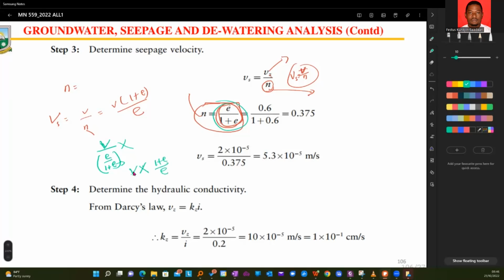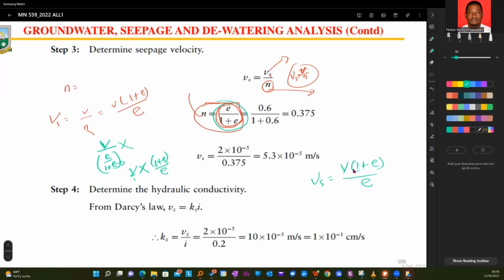So this is over 1, so it multiplies. So you end up getting V times (1 plus e) over e. So this is what you would have for seepage velocity if you are to use that formula up there.